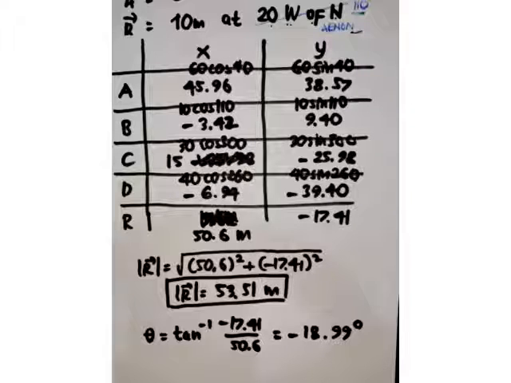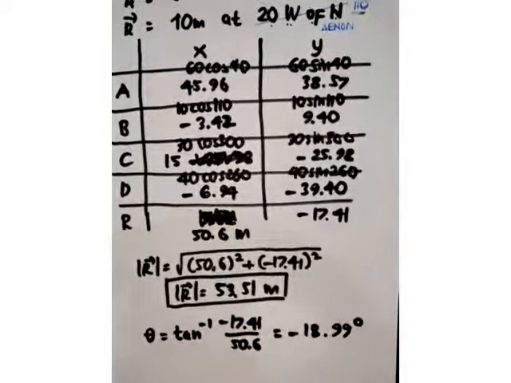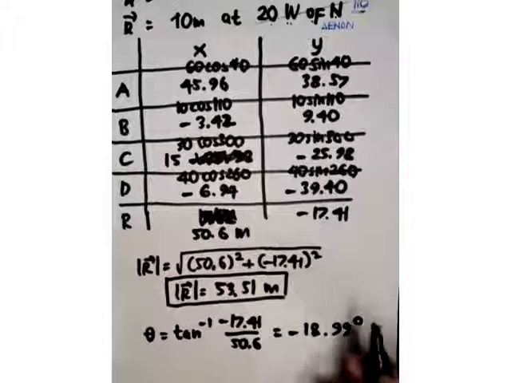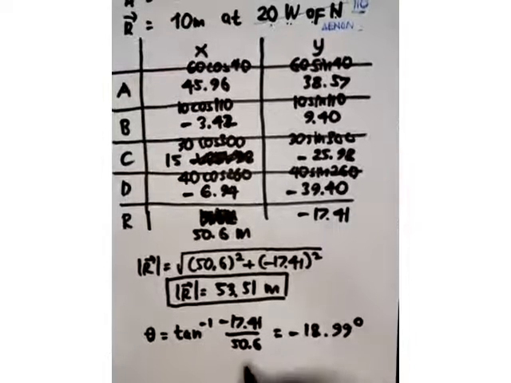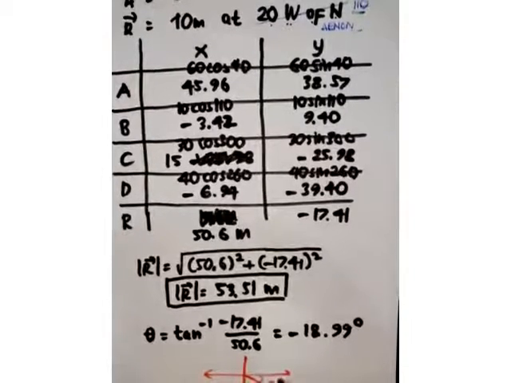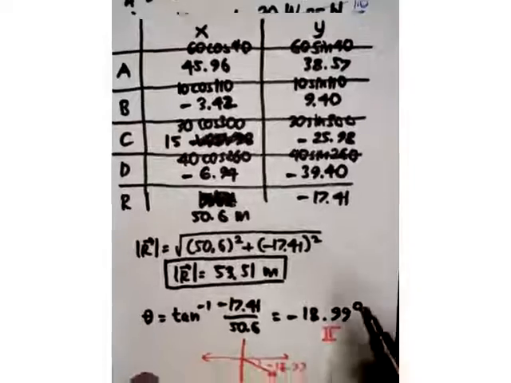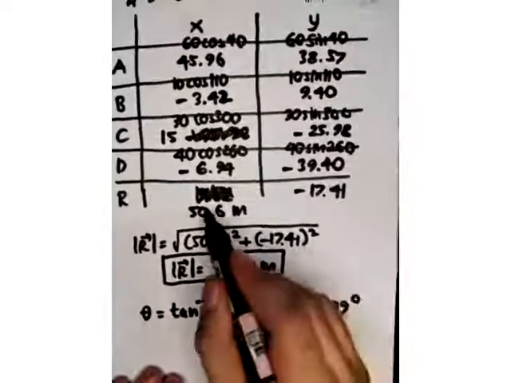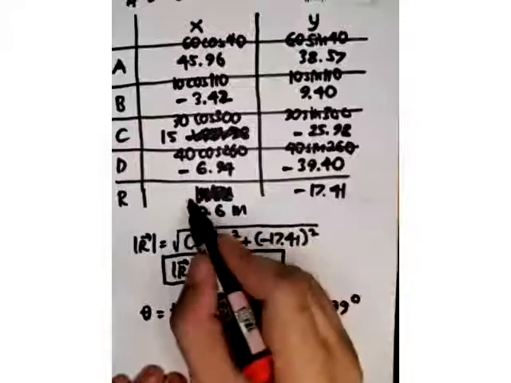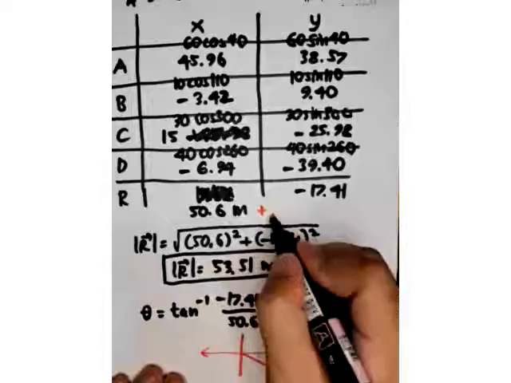Okay. Ang final natin gagawin ay, diba, check natin, anong quadrant ito? Kung ipa-plot natin, ang negative angle ay nasa fourth quadrant. So, nandito yung negative 18.99. Nasa fourth quadrant. And then, yung components ng resultant, ito ay positive at saka negative.